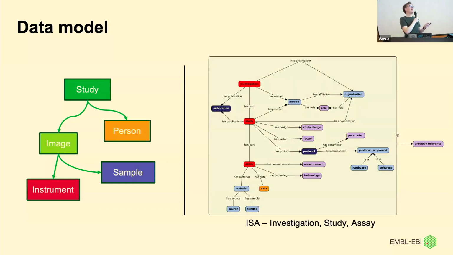And it shows that, again, they've got 3 principal things, which are the ones in red: investigation, study, and assay. But as soon as you start to describe real world data from that, you need to add things. So they've added publications and organizations, people, but also materials and measurements and things. And there's a slightly optimistic ontology reference over to the right, which doesn't quite link to anything, which I thought was quite funny because it shows that they use ontologies, but doesn't describe exactly how.